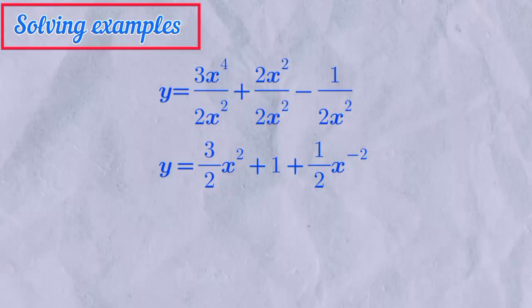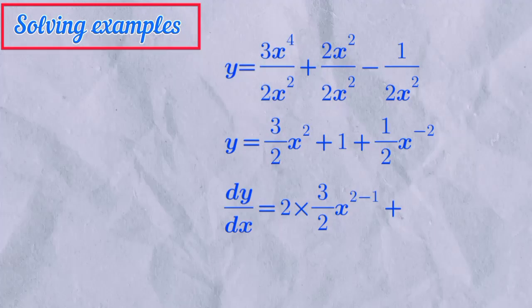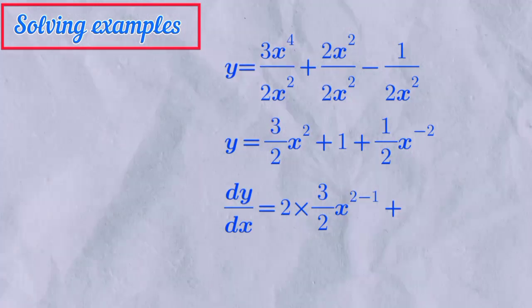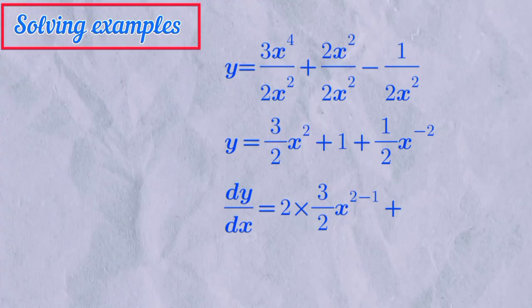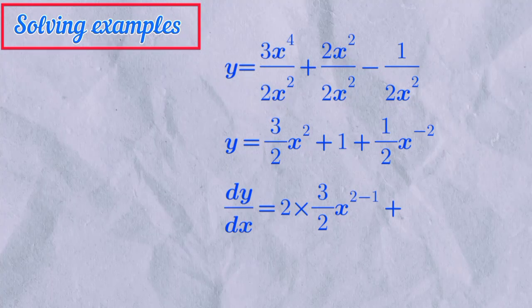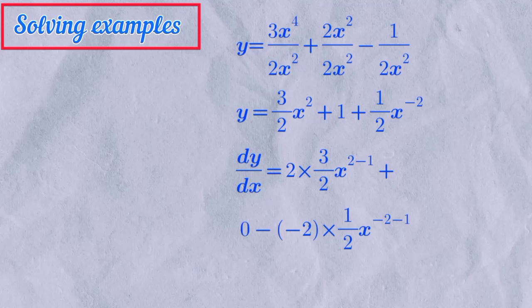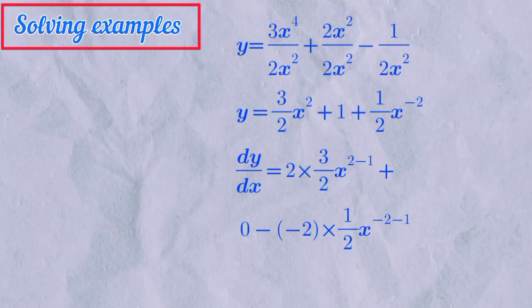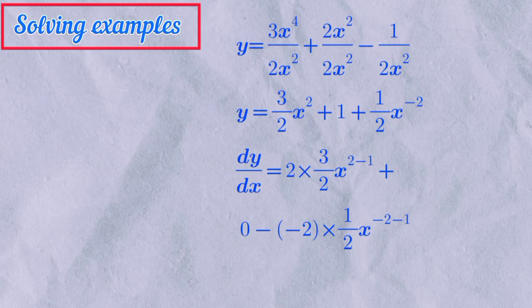So we have dy/dx equals 2 multiplied by 3 over 2 x, raised to the power of 2 minus 1, then plus 0, which is when you differentiate 1, and then minus 2 multiplied by 1 over 2, then x raised to the power of minus 2 minus 1.